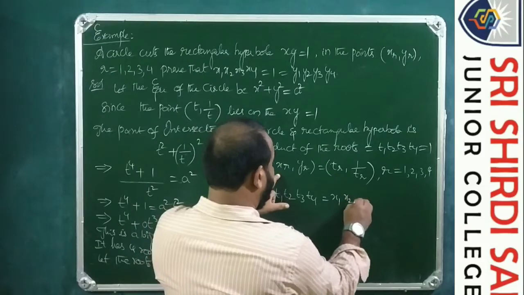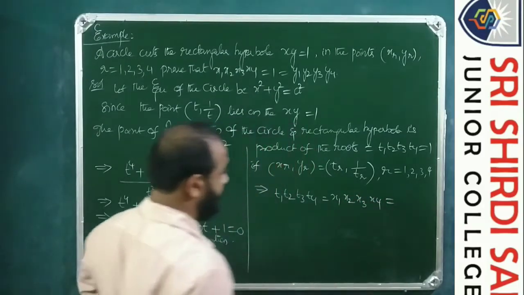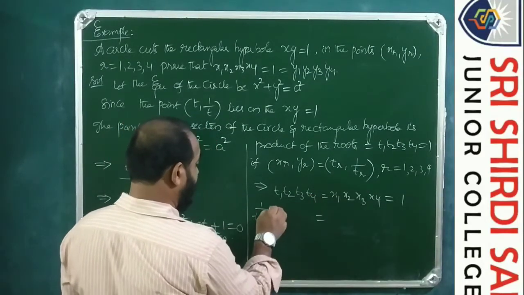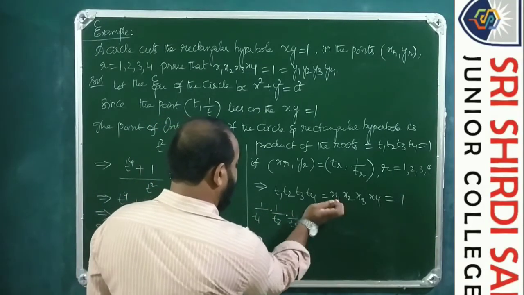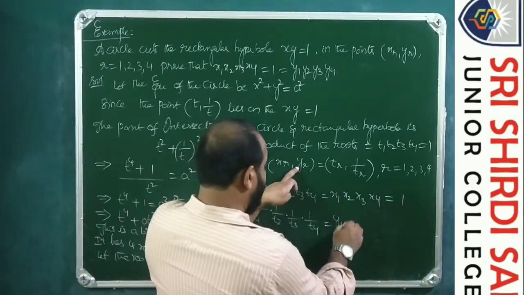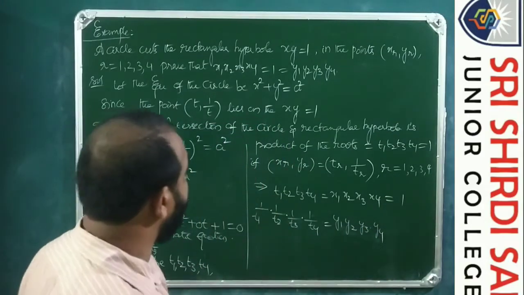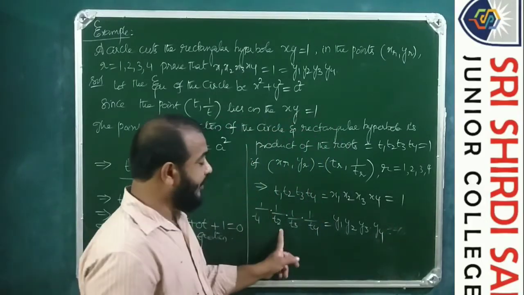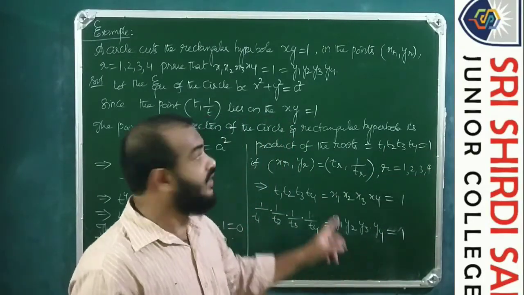So this is equals to 1. And y1, y2, y3, y4 is equals to 1 by t1 into 1 by t2, 1 by t3 into 1 by t4, which is equals to 1 by t1, t2, t3, t4. So 1 by 1 is equals to 1. So this is what we need to prove.